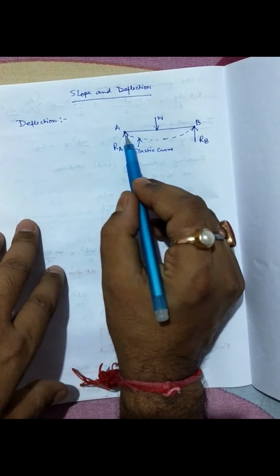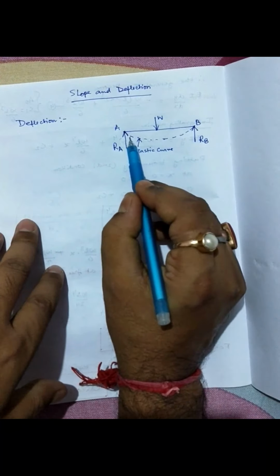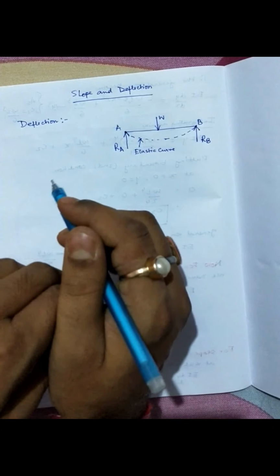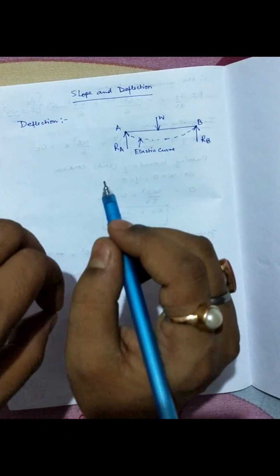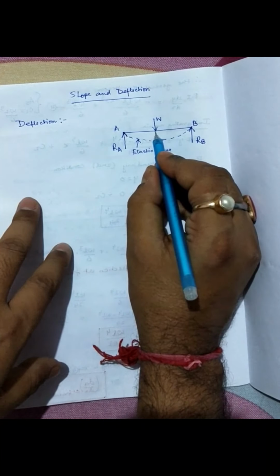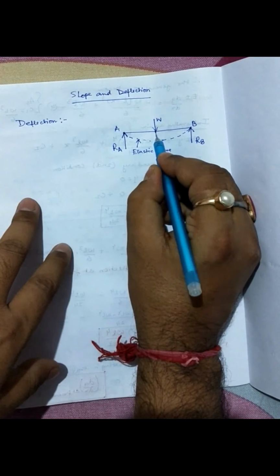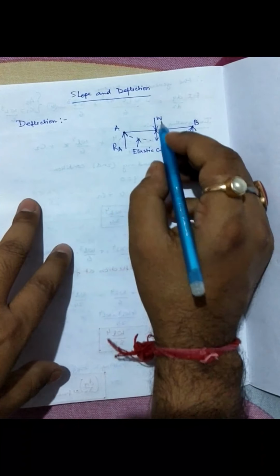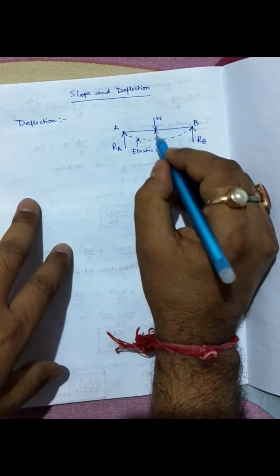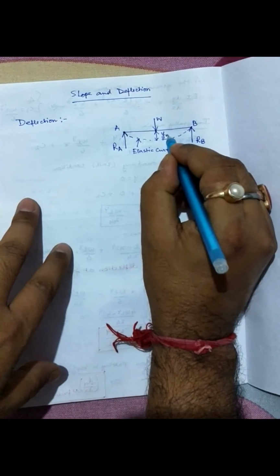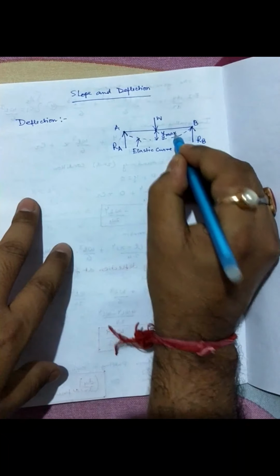If you measure this vertical distance, this is where the maximum deflection takes place, and this is where we find Y max, as deflection is denoted by Y.